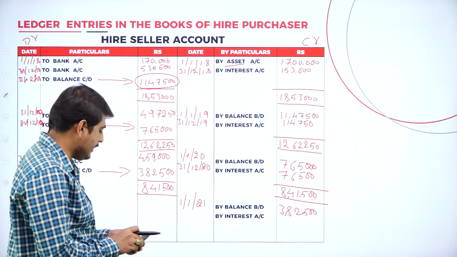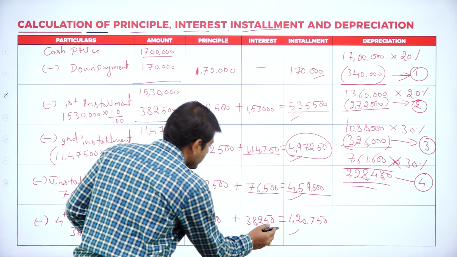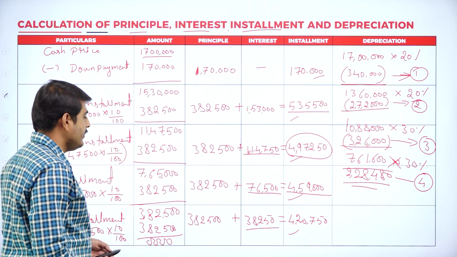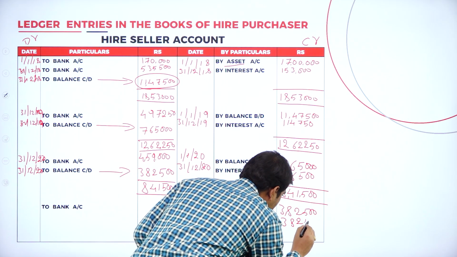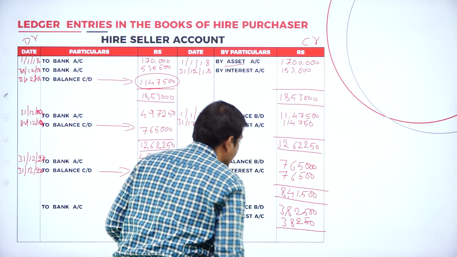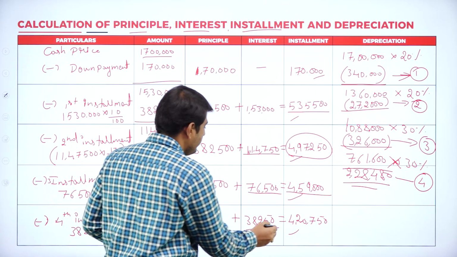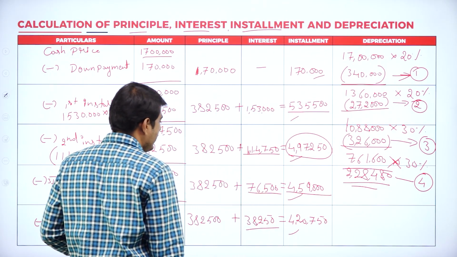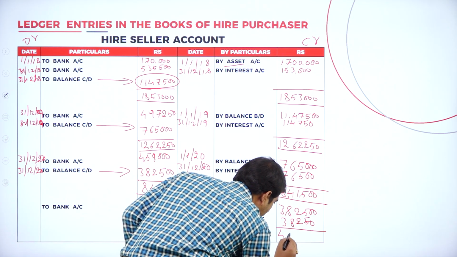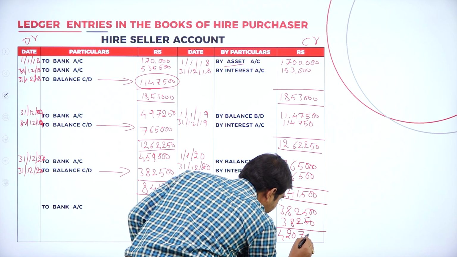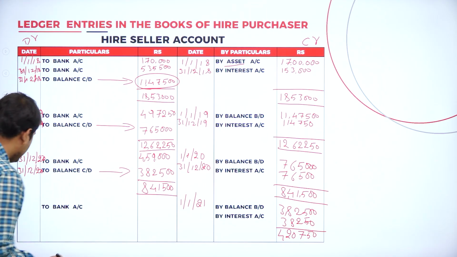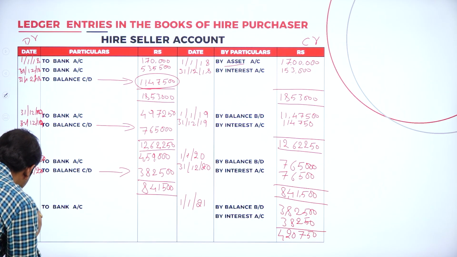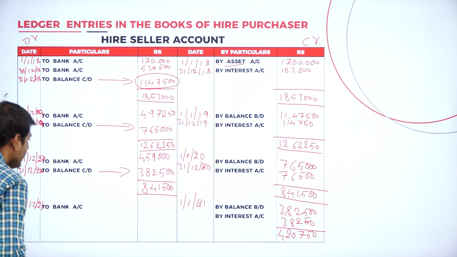We have already calculated it. See the interest. What is our fourth year interest? 38,250. 38,250 is the interest. Add both the figures, so you'll get 4,20,750. So we have to make the installment payment on 31st/12/2021.